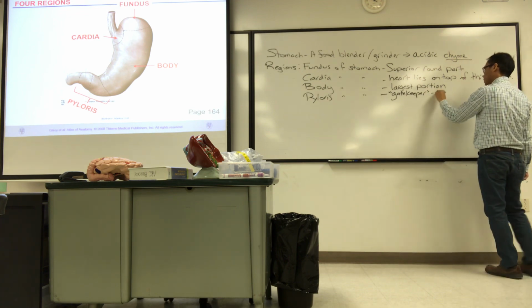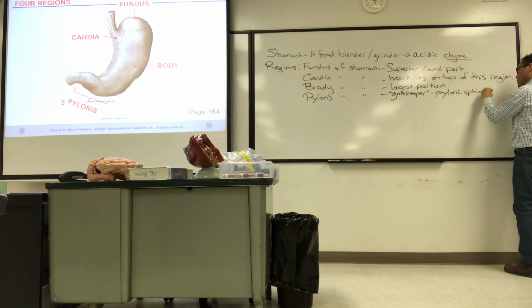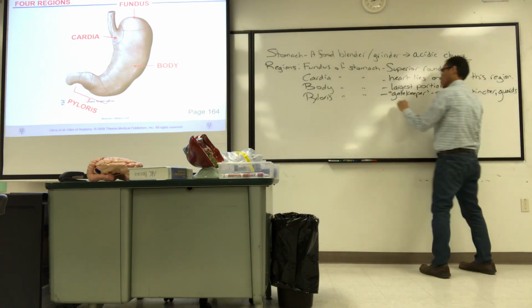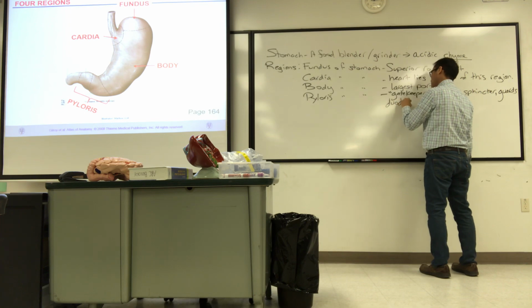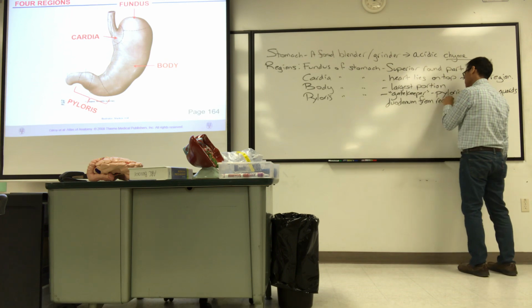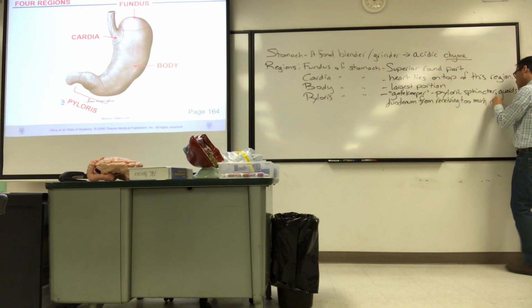Inside it, you'll see the pyloric sphincter that performs this gatekeeper function. It's guarding the duodenum from receiving too much acidic chyme. Guards duodenum from receiving too much chyme.